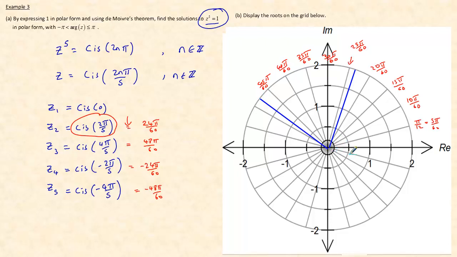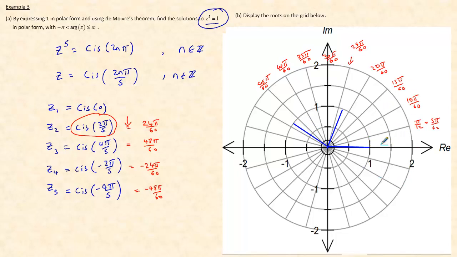And don't forget that we've got the 1. And of course, I've drawn those in, but their modulus is too big. Everything's going to lie on the circle with radius 1. So that one's going to be there. And this one is going to be just here.